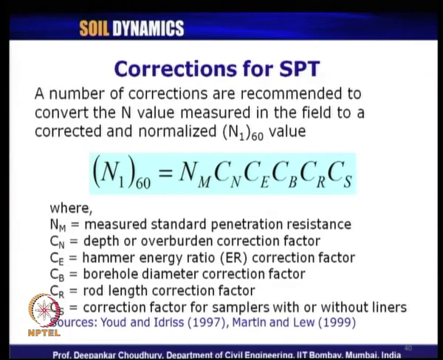What is that defined value? 60% of the hammer energy has to be transmitted. If 60% is transmitted, no correction is required, CE is 1.